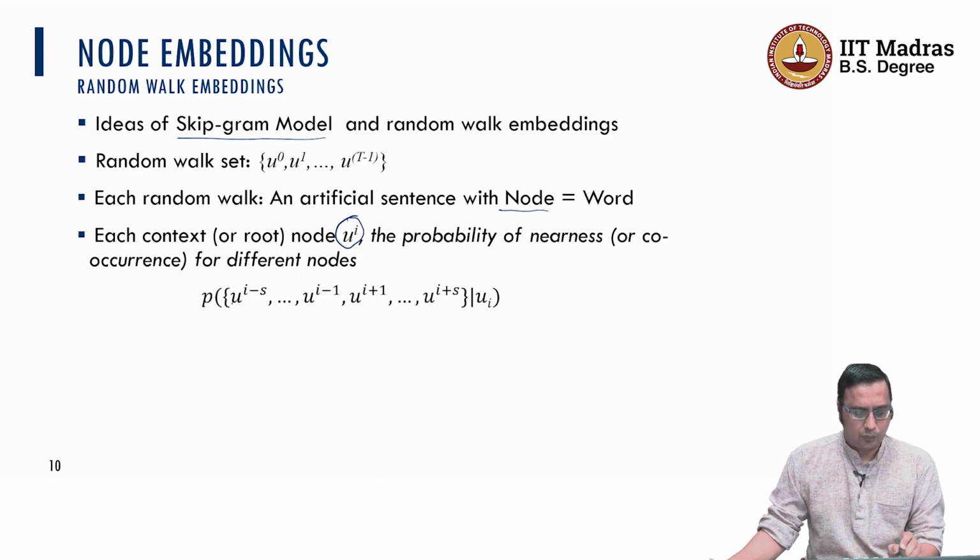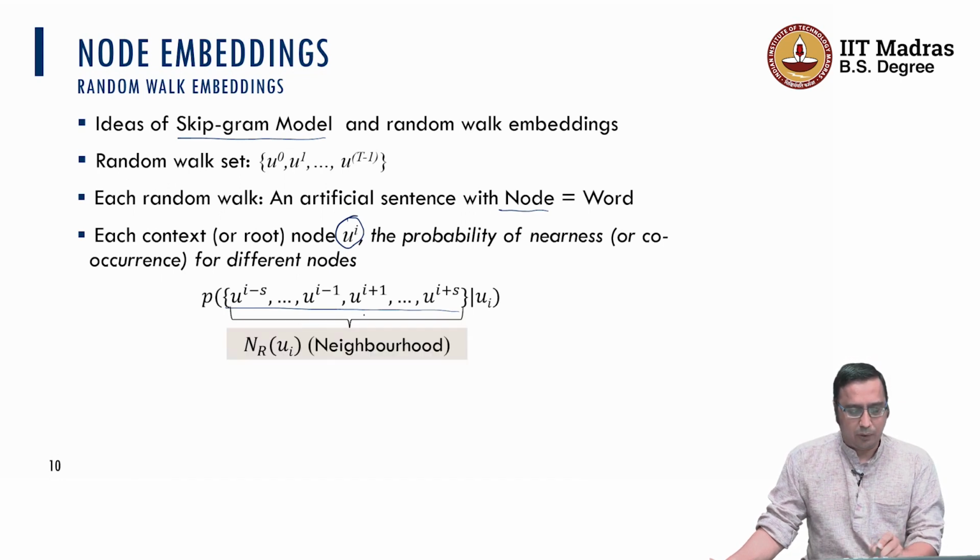In a similar manner, given u_i, I want to predict what are the nodes in the nearness of u_i in some window size of S. This is the parallel which we had earlier, where we predict words in the window size S given the context word.